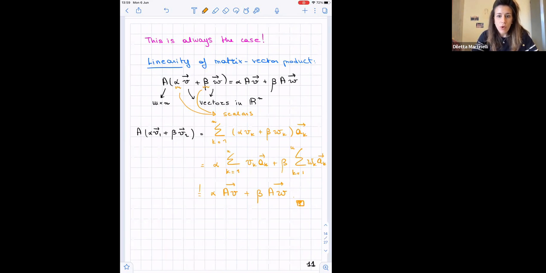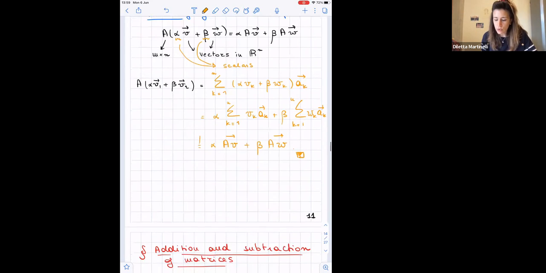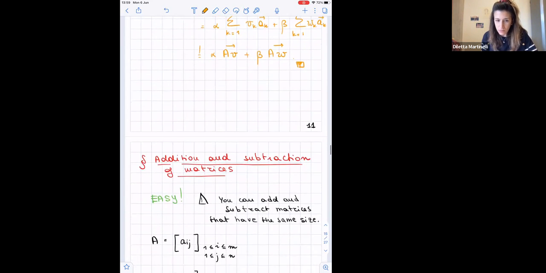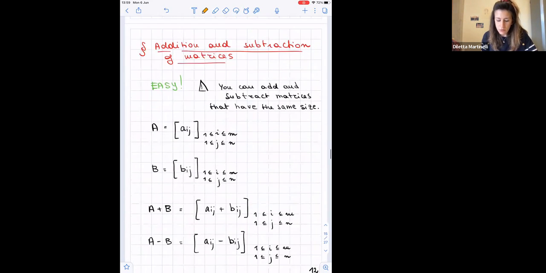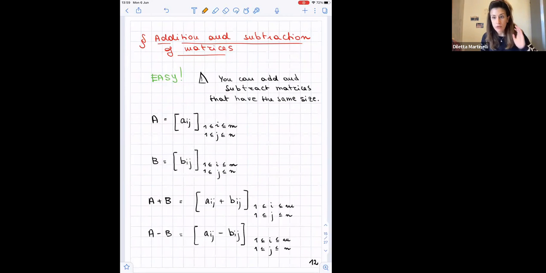Okay, some more easy properties. We said we can multiply a matrix and a vector together. What about operations between matrices? There are some very easy ones. Adding and subtracting matrices is very easy: we just add or subtract the entries. Here I put a caveat: it makes sense to add and subtract only matrices of the same size, with the same number of rows and the same number of columns.